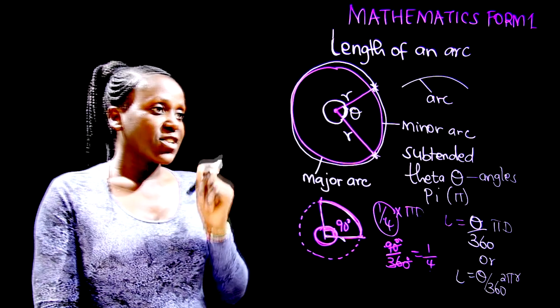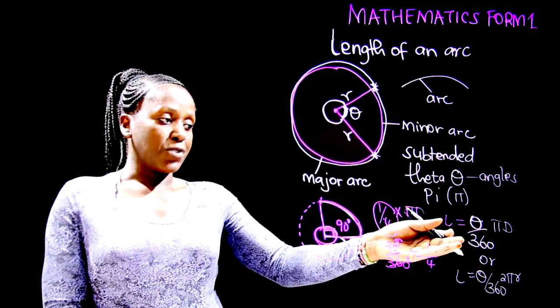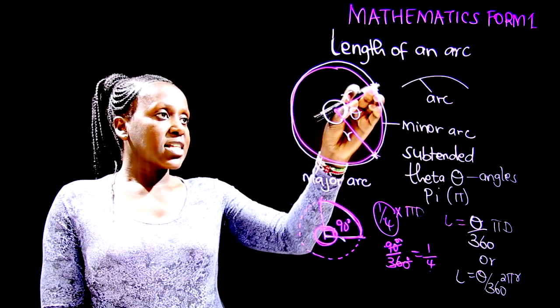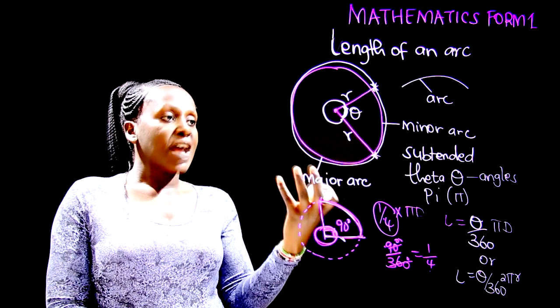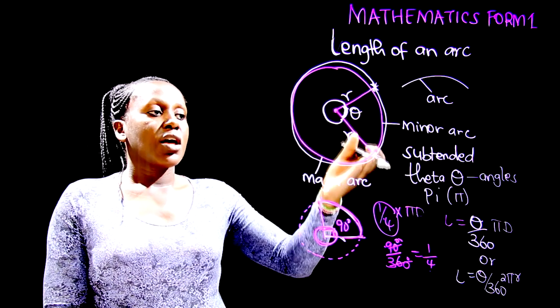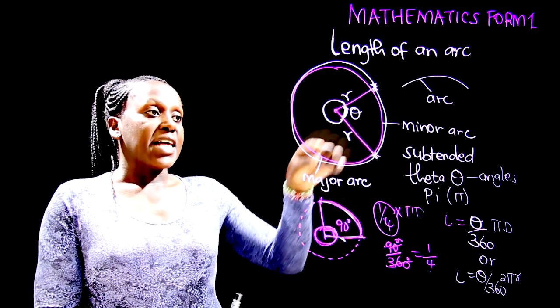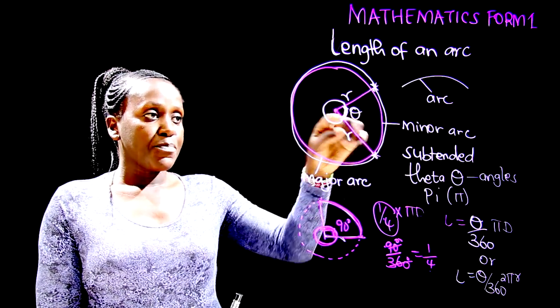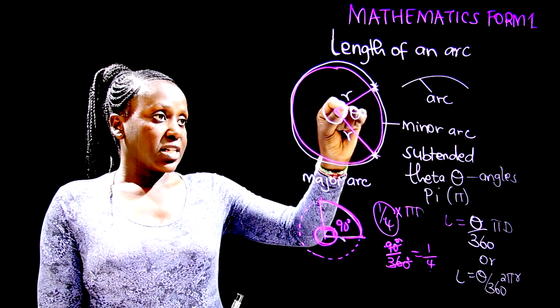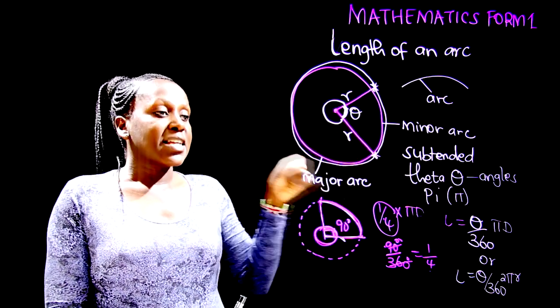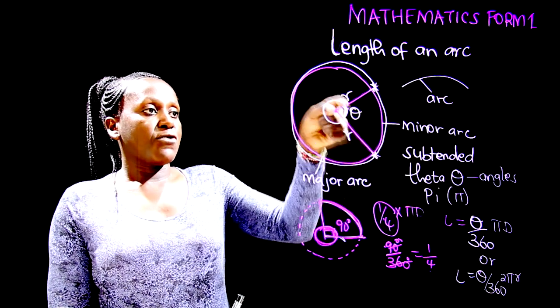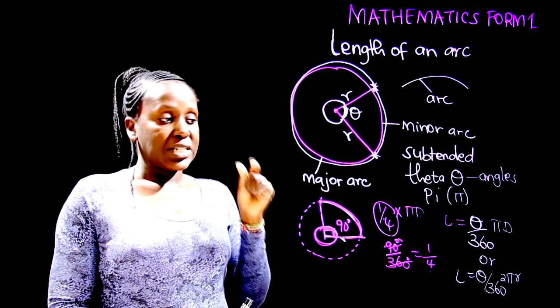So I hope you have understood where this formula is coming from. This is a segment, a fraction of the whole circumference. And what brings about that fraction? It is the angle that is subtending the arc in relation to the angle for the whole circle, which is 360.